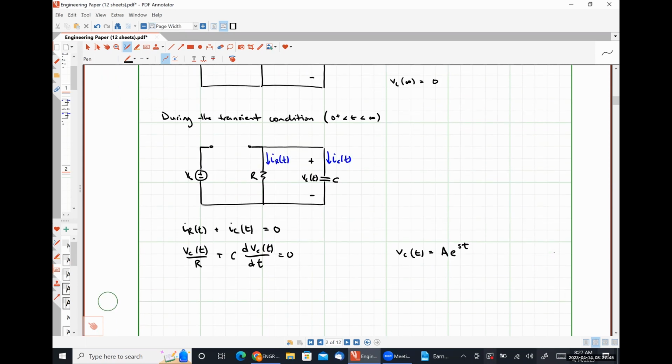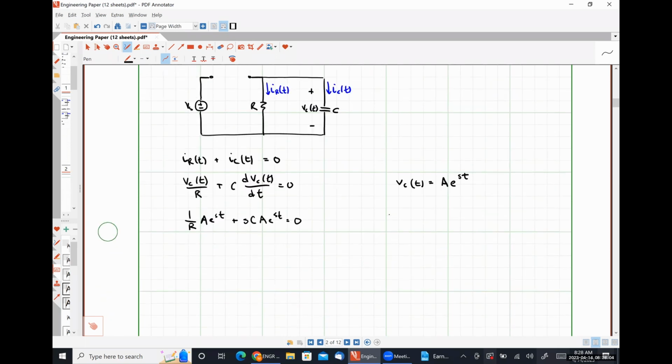So if we plug this in, we're going to have 1 over R times Ae to the st plus sC Ae to the st is equal to 0, or A times (1 over R plus sC) times e to the st is equal to 0. So what value of s makes that characteristic equation 0?